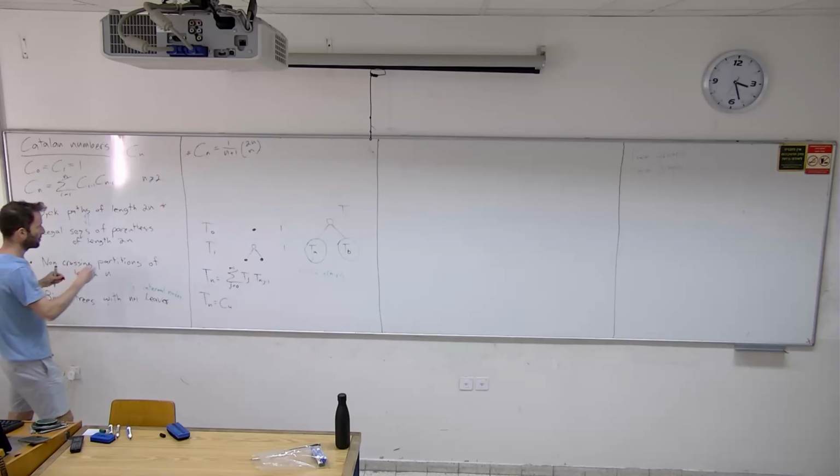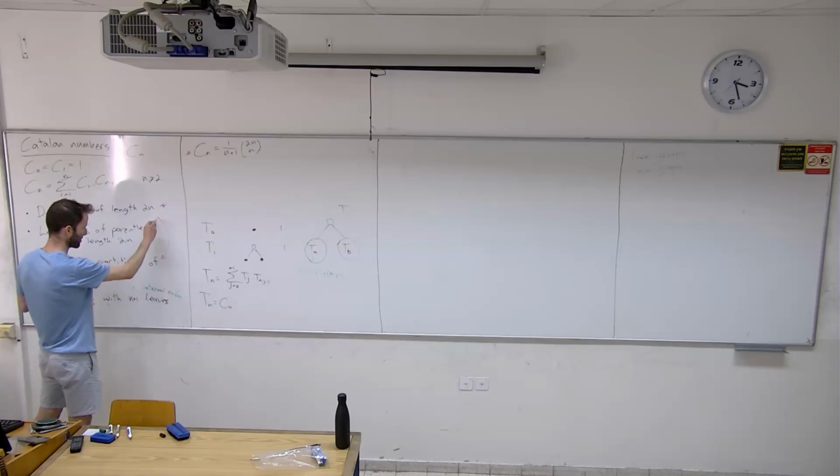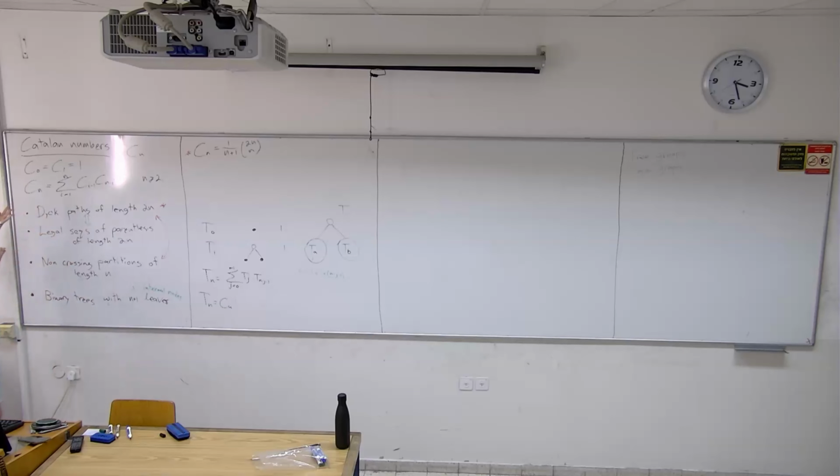But doing this bijection, obviously they have the same count, and these are finite objects. So there clearly is a bijection, but showing this bijection is not easy at all. But showing that both of them satisfy this recurrence relation is pretty easy, pretty similar to what I just did with the binary trees.